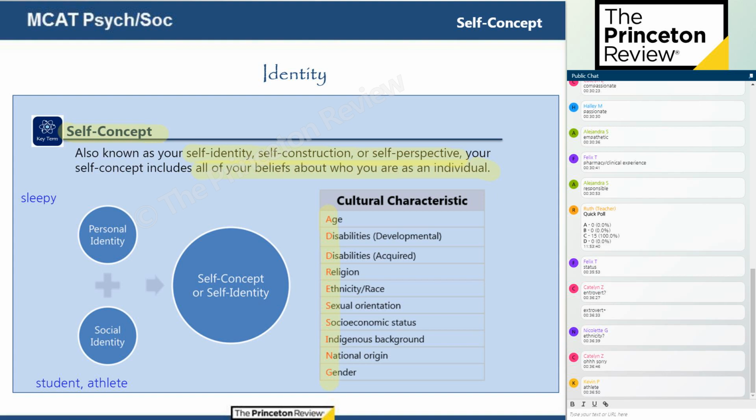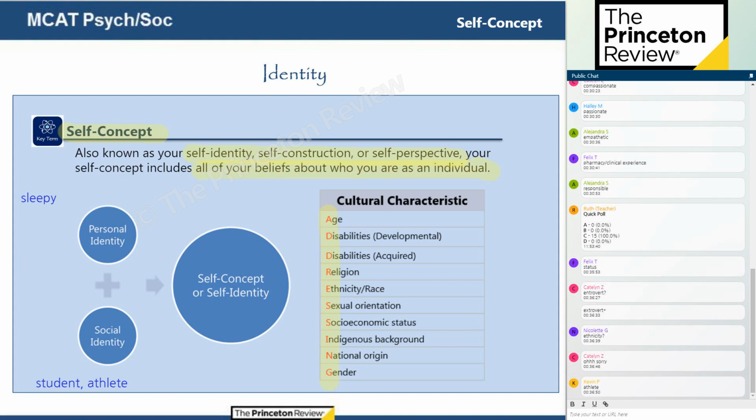There is a little acronym here, ADDRESSING, addressing. This is something that Pamela Hayes, a social psychologist, came up with. You don't need to know that name. I just like to give out names, give credit where credit's due. All important social identifiers.